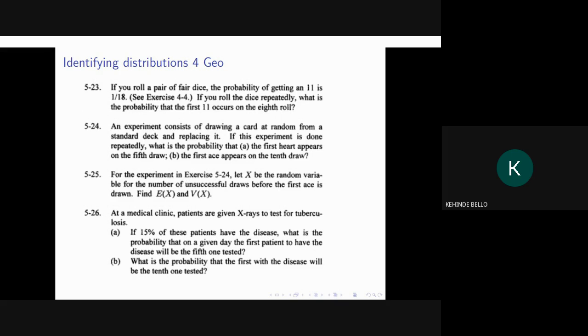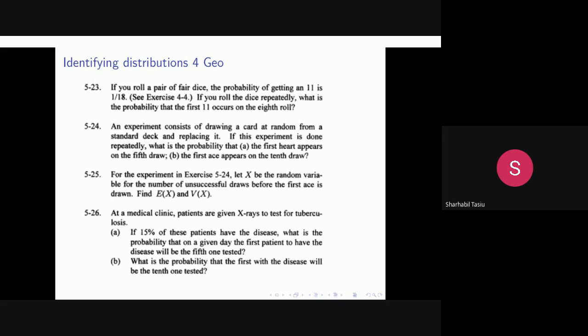If probability of success is 1 over 18, then probability of failure will be 1 minus 1 over 18, which is 17 over 18. So the probability here will be (17/18)^7 times 1/18. You're on point.